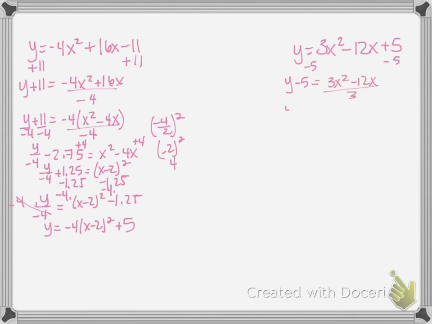Take that 3 out. Divide by that 3 on everything on the other side. So y divided by 3 minus 2.33 is equal to x squared minus 4x. B divided by 2 squared, so negative 2 squared, which gets me 4. Actually, this is 1.67. 1.67.